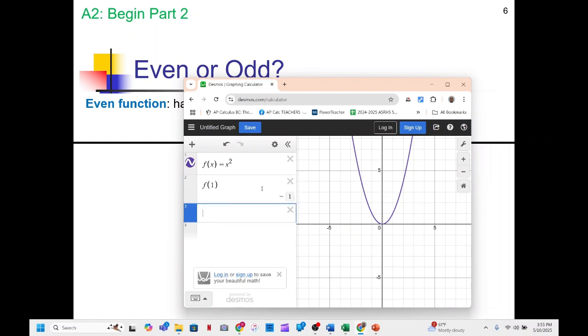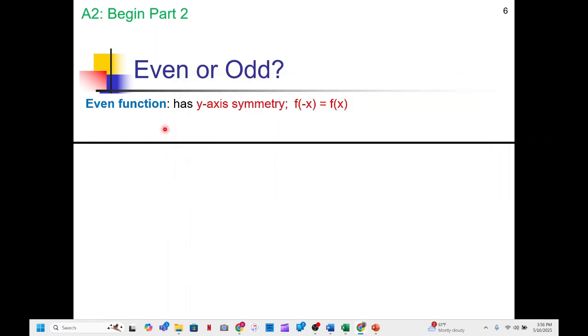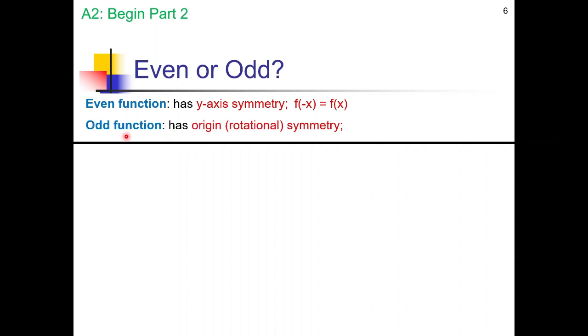And if I do f of negative 1, that still gives me positive 1 back. And it doesn't matter what number this is. If they're negative and positive versions of the same thing, I get the same thing because I have this y-axis symmetry. Now this is in contrast to an odd function, which is something that has origin or rotational symmetry, which I'll show you in a minute.